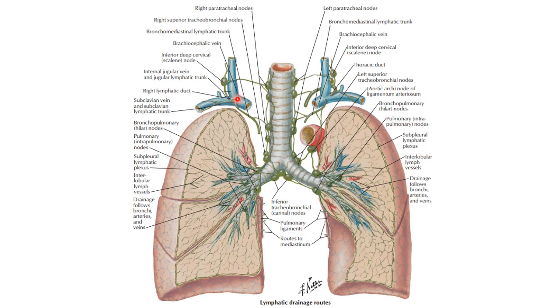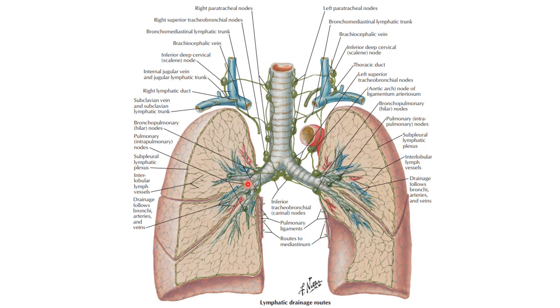And what happens? The particulates, the plasma proteins, and even the microbes that are inside the alveolus will be drained by the lymphatic vessels. And as the lymphatic vessels go into the lymph nodes which contain white blood cells, in particular macrophages, will continue to phagocytose these debris.